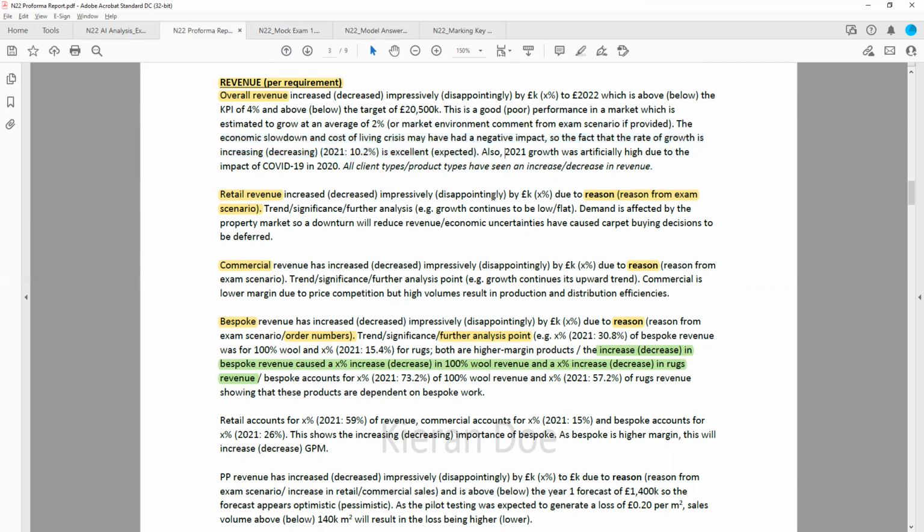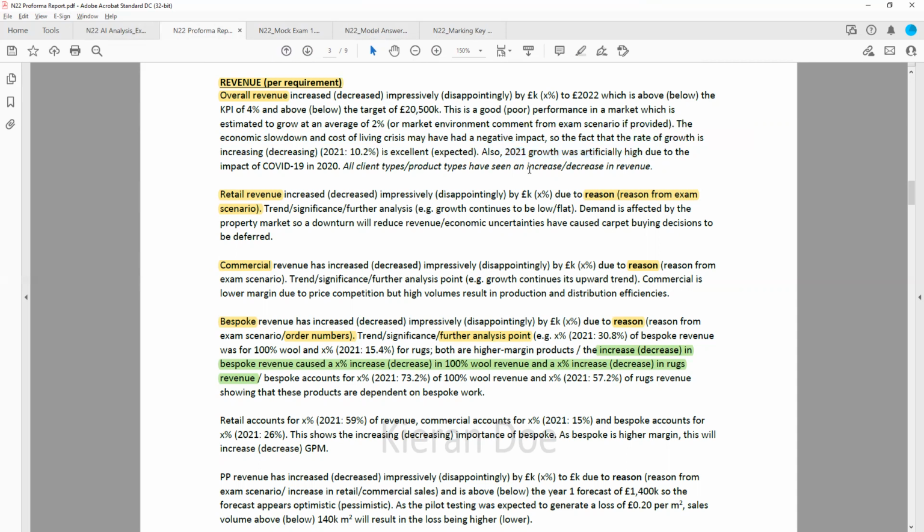So COVID probably now is more of a historical issue for most businesses, and that certainly seems to be the case here, but it is having an impact on the results because the 2021 growth was high, but that's because the 2020 figures were low because of the impact of COVID.